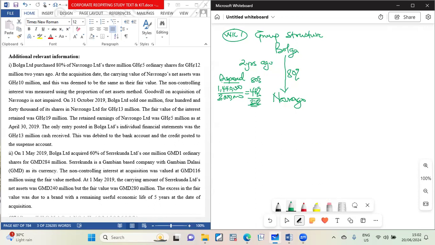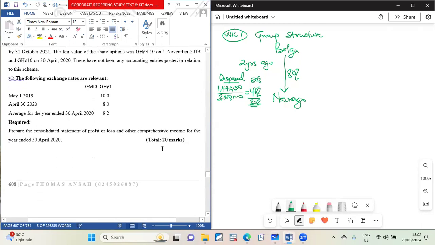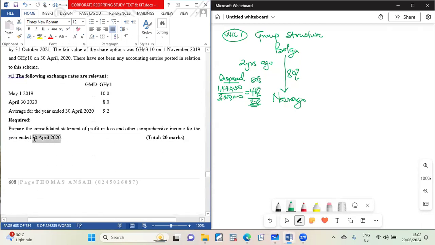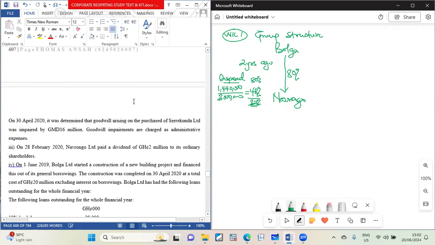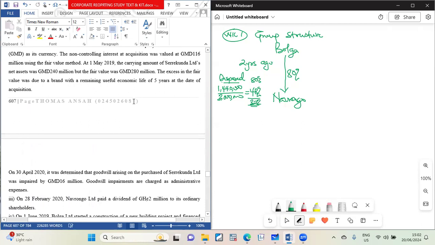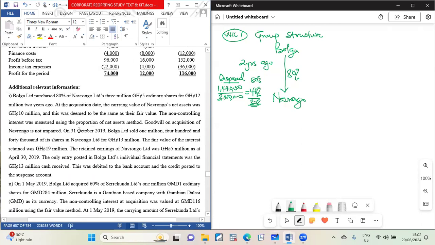So what is our reporting date? So let's find out our reporting date as per the question. 30th April 2020. And when was the disposal done? So let's find the date the disposal was done. October 2019. So we know that the financial year ends April 2020, which means it might start in May 2019.